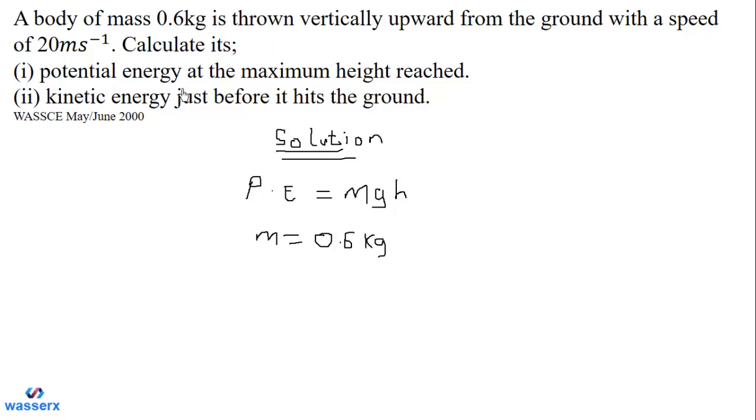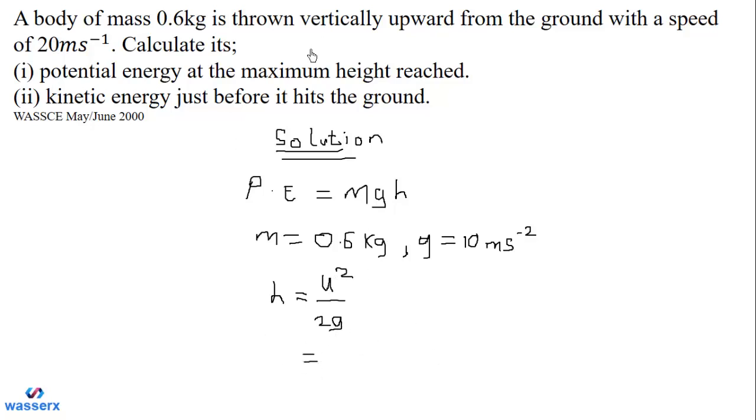Then also we know that the acceleration due to gravity is equal to 10 meters per second squared. Now we don't know the height yet, but the maximum height reached on projection is given by h equal u squared over 2g.